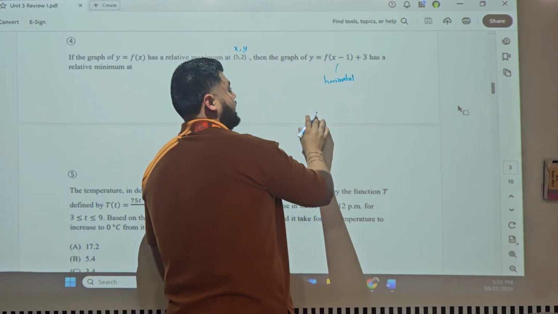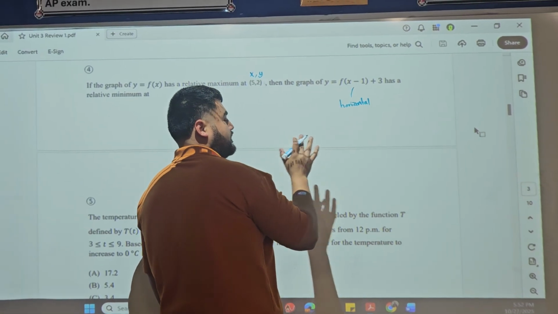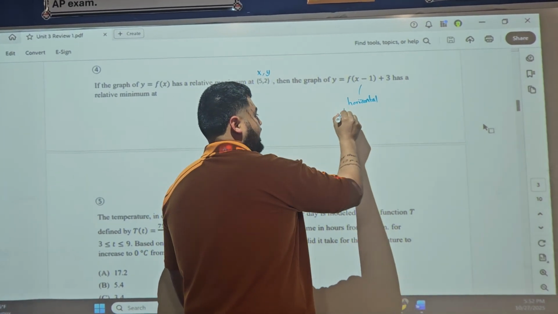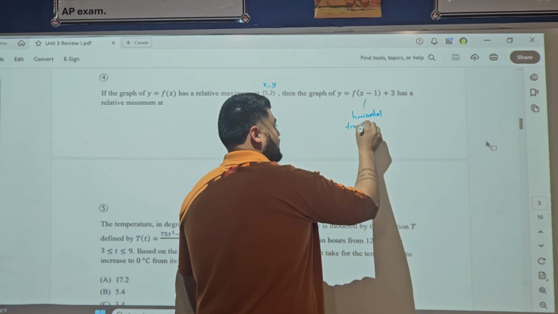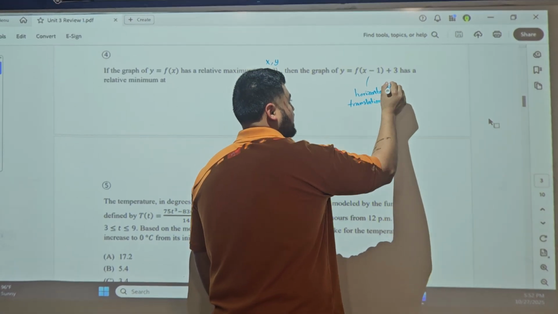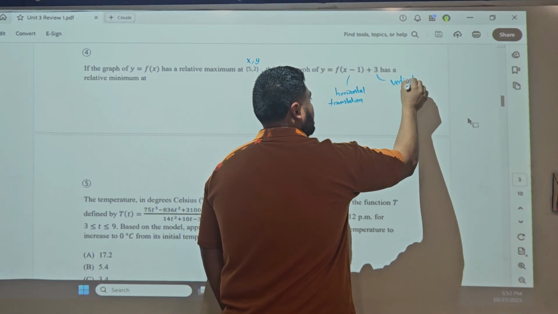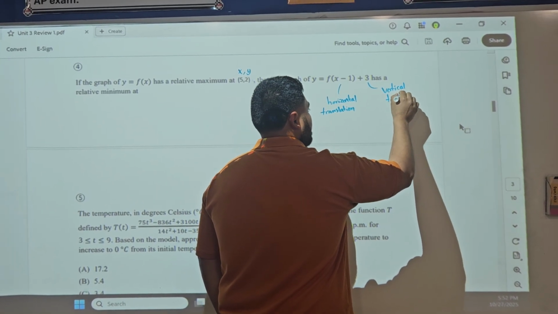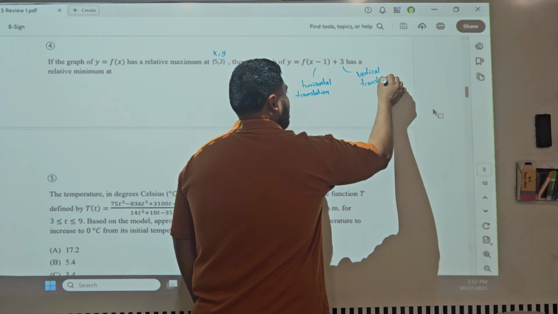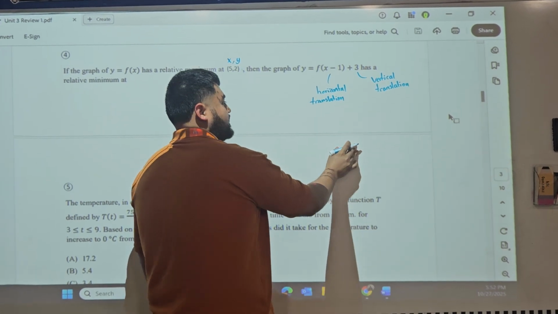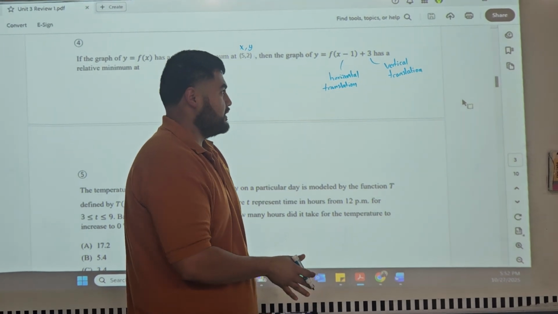and because here we're gonna shift it either left or right, we call this a translation. Same concept applies here. This is a vertical translation. It's gonna follow a regular procedure, either goes up or goes down.